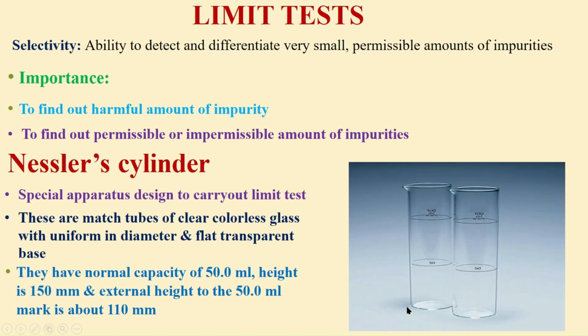It typically looks like this. In general, it can also have 100 ml capacity. These are the Nessler cylinders which we use for the limit tests.